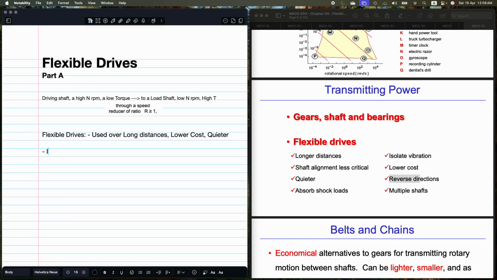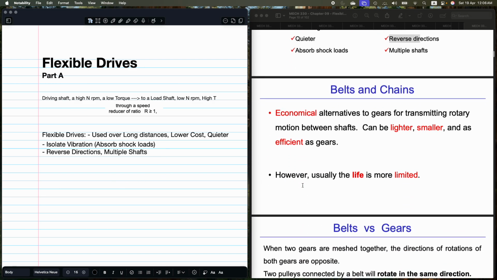Isolate vibration, and I'm going to write it absorbs shock loads. What else do we have? Shaft alignment is less critical. I'm not going to remember that, to be honest. Reverse directions, I'll probably remember this, and multiple shafts. That's all I'm going to remember for why we use flexible drives.